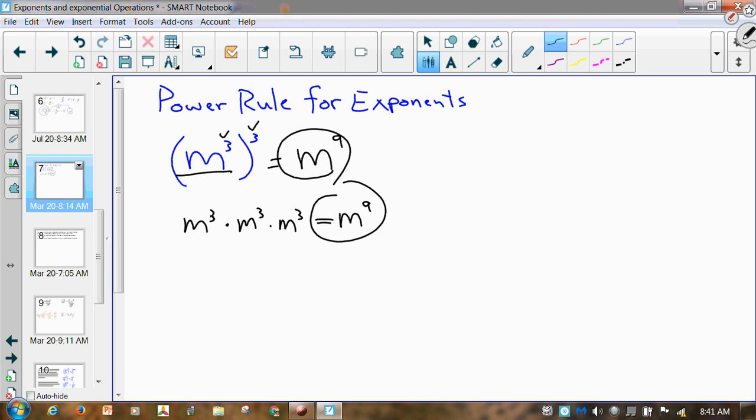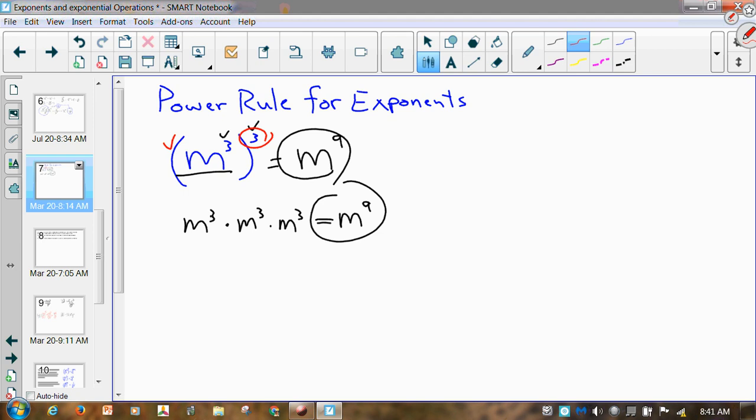Now, one of the things we have to be a little careful of when we're using the power rule is that if it's in parentheses, like it is here, and it's raised to a power, we have to raise everything inside the parentheses to that power, all right?